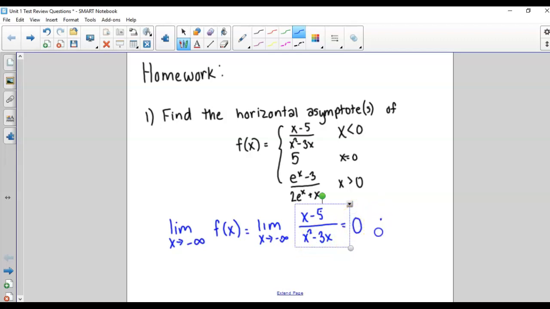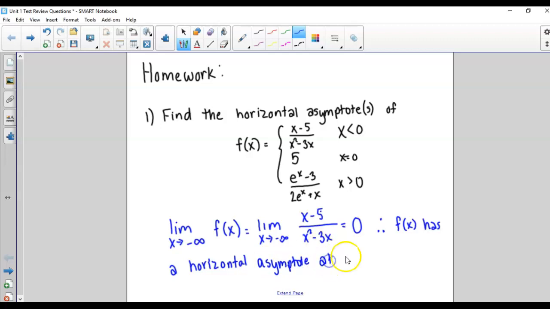Therefore, f of x has a horizontal asymptote at y equals 0.